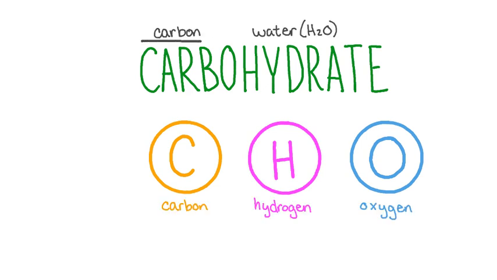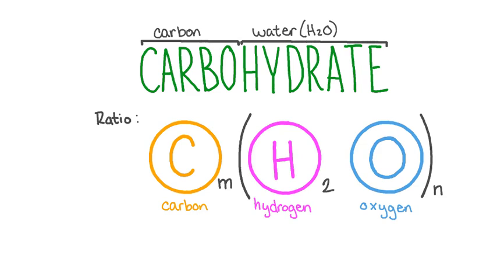Carbo is a word part which means carbon, and hydrate refers to water, which we know contains hydrogen and oxygen. The ratio that most carbohydrates follow is CmH2On, meaning that there are m number of carbon atoms and n number of water molecules arranged in a particular carbohydrate.